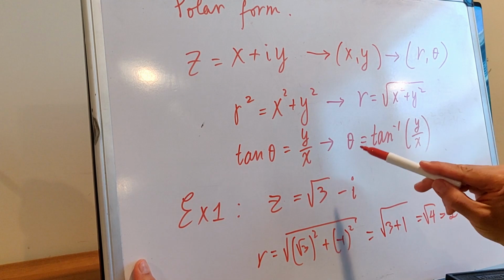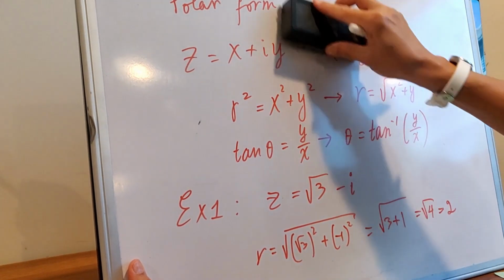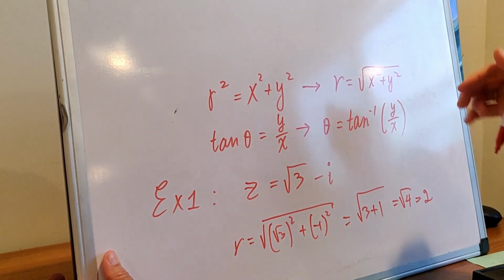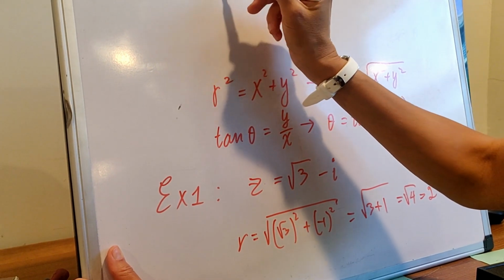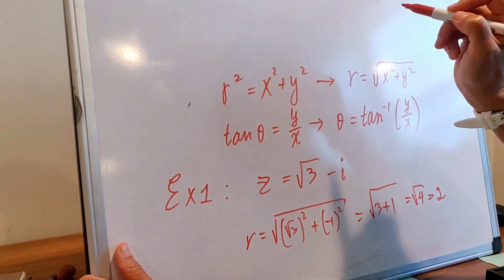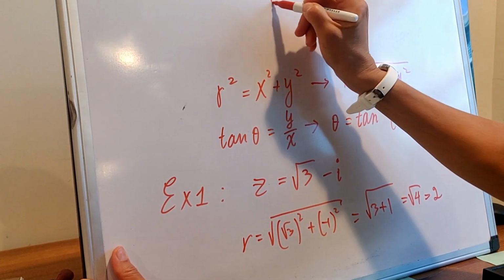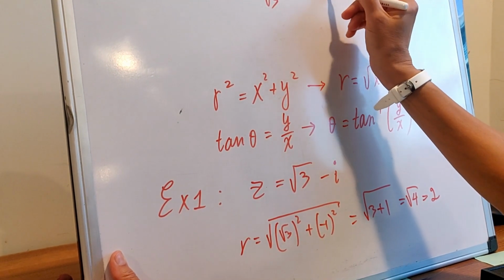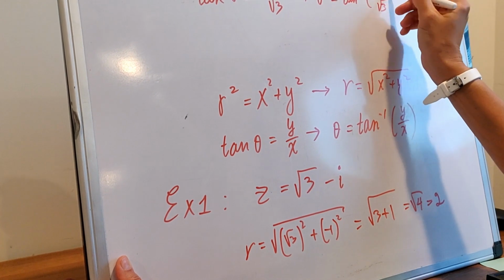Let's now calculate theta. Maybe I'll erase something from the top to finish calculations on this board and then start a new example. So for theta, we have tangent of theta equals y over x, right? My y is -1, x is equal to square root of 3. Theta here is going to be tangent inverse of -1 over square root of 3.